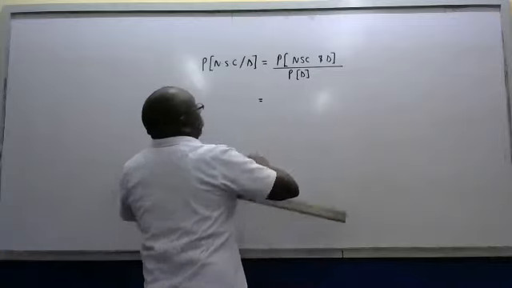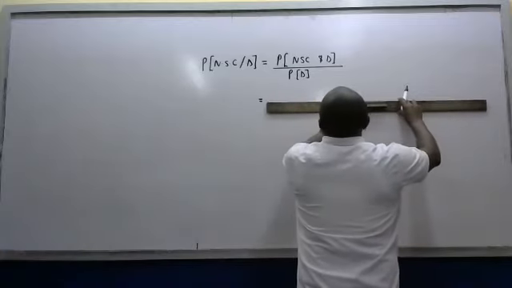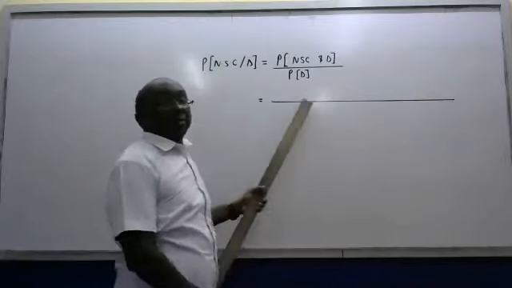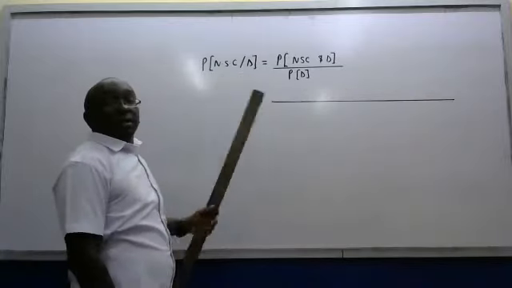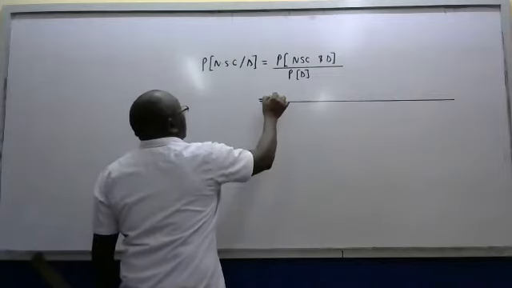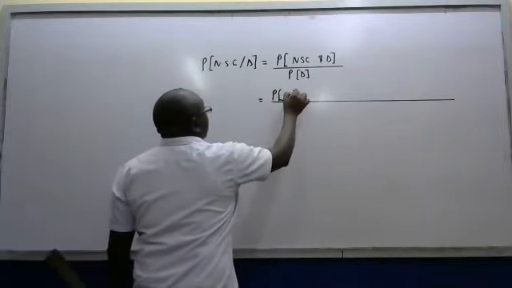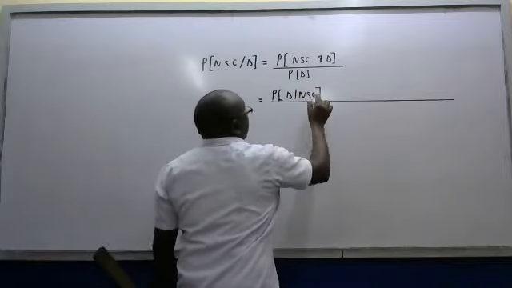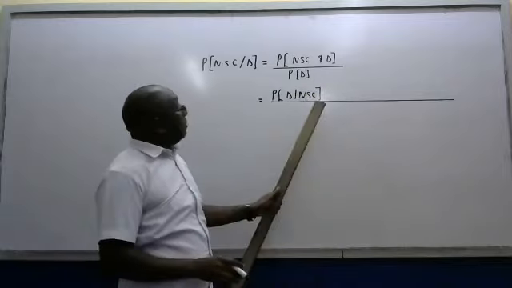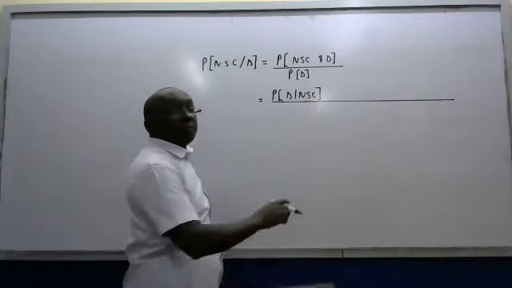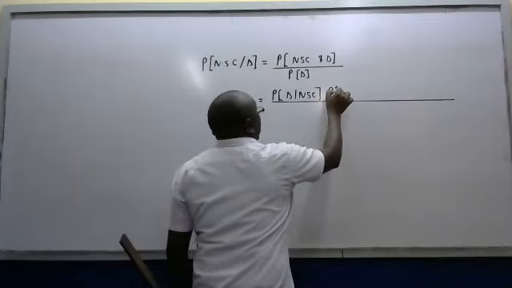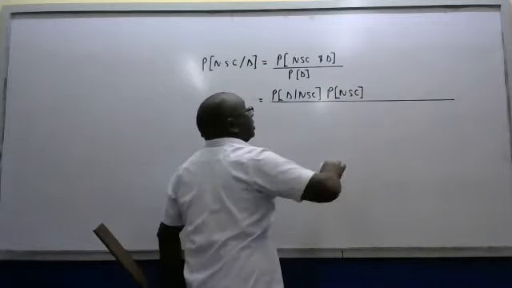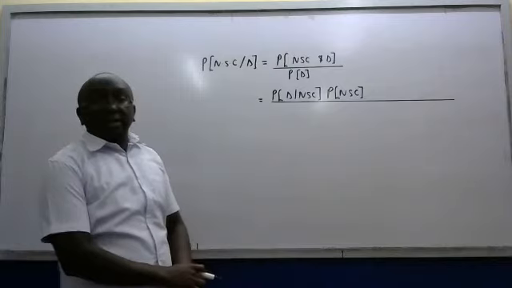Then you come down here, and this one reads: probability of defective given not set correctly, and then you multiply by the probability that we are not set correctly.